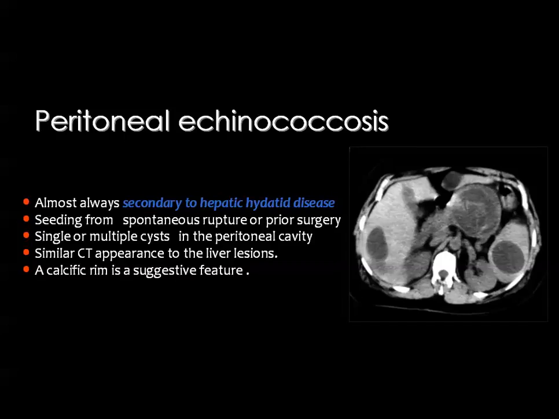Then you get the spread of the hydatid disease into the peritoneal cavity, resulting in multiple cystic fluid-filled structures having the same criteria of hydatid disease, which include mural calcium in some cases, floating shadows in some cases, and daughter cysts within a larger cyst in some other cases.